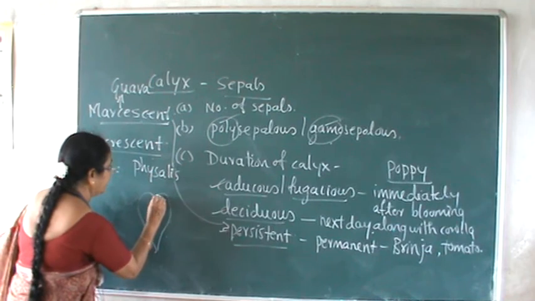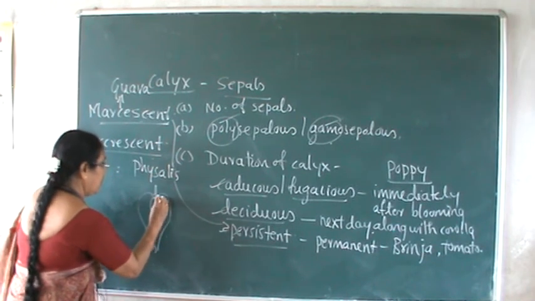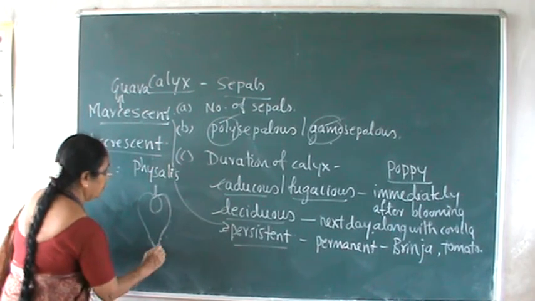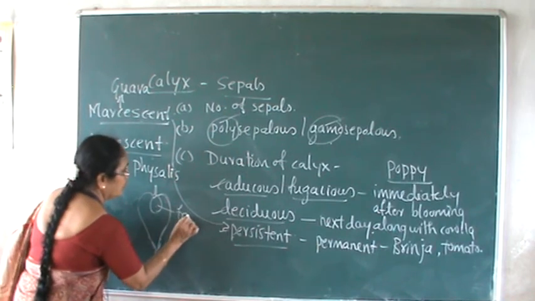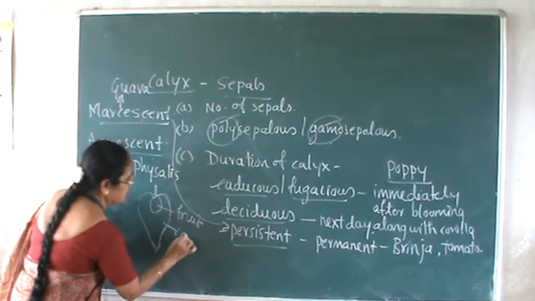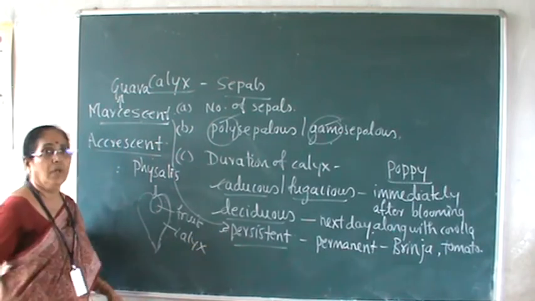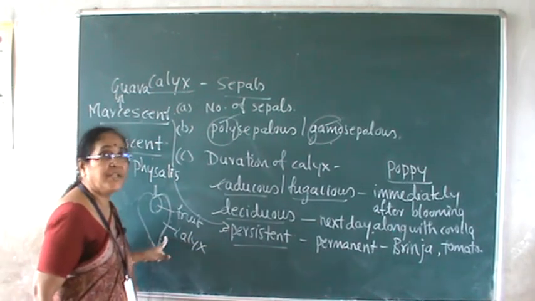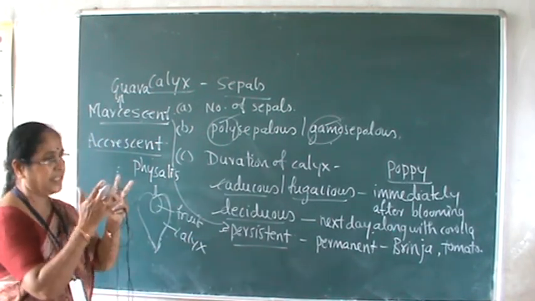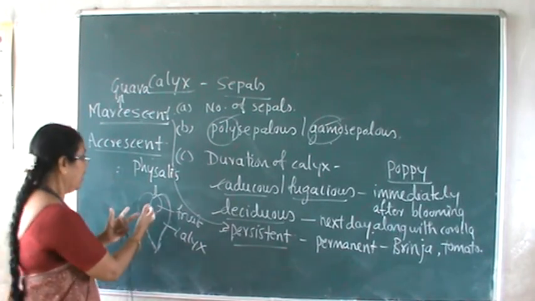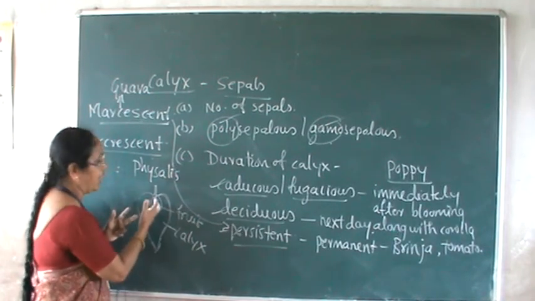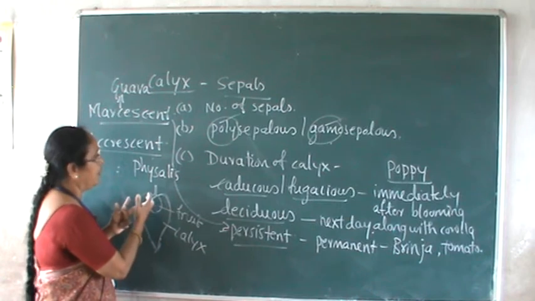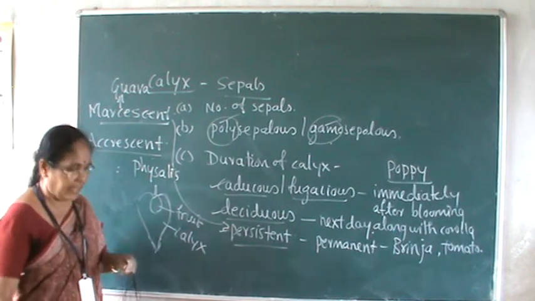All of you have seen this fruit. This is the fruit, and this is the calyx. The calyx is permanently on the fruit, but it enlarges like a balloon in relation to the enlargement of the fruit inside. Because of this, it's called an accrescent kind of calyx.